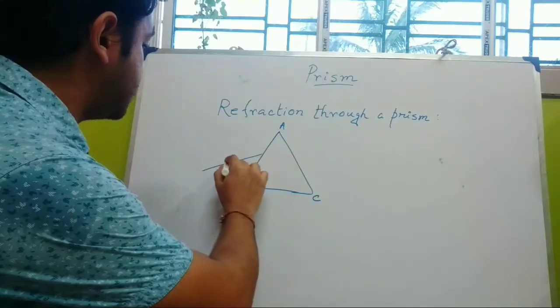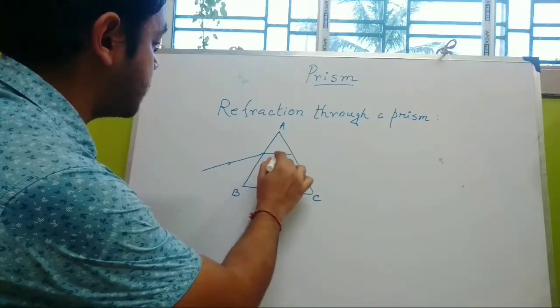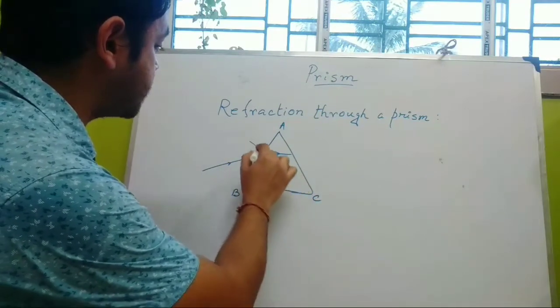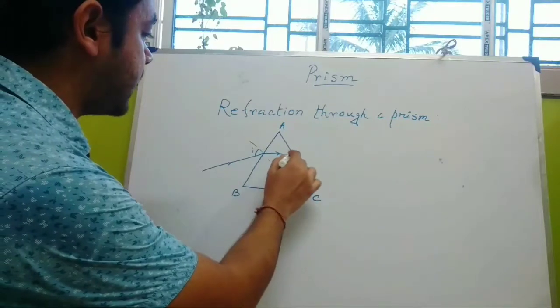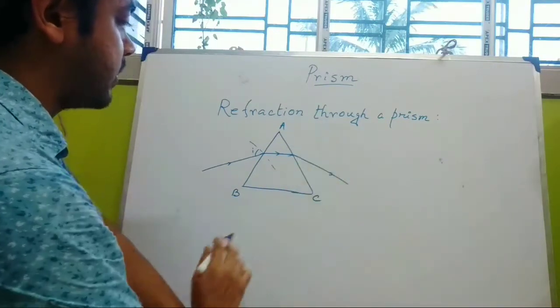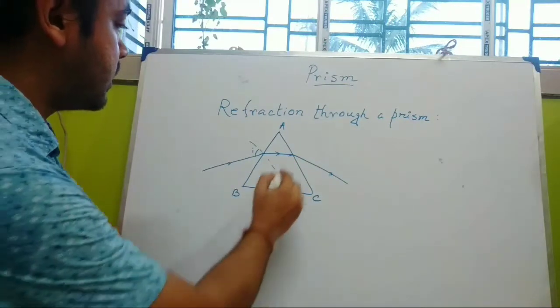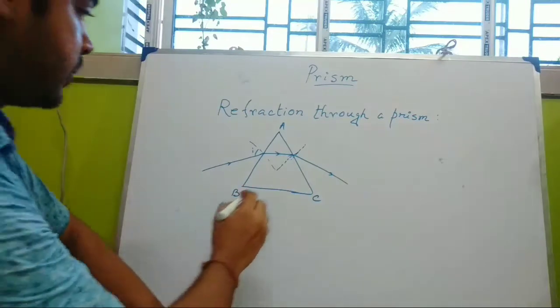This is the incident ray which incidents at an angle of I, then passes through the prism and it will be emergent after refraction. Now this is the normal to this plane.